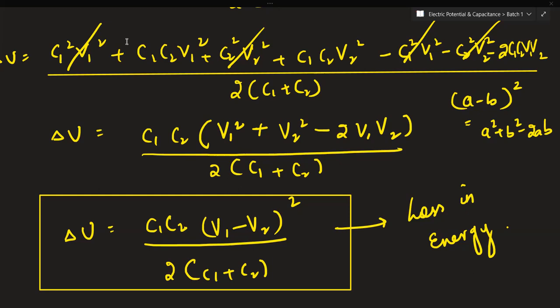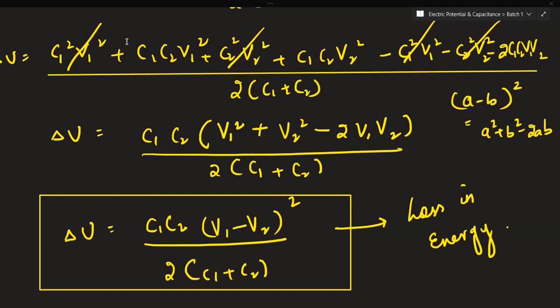If the derivation comes from the common potential portion, because many a time in your board exams, the derivation of loss of energy has rarely come, because it is very lengthy. Most of the time, the derivation of common potential comes: V equals (C1V1 + C2V2) by (C1 + C2). That portion comes usually.